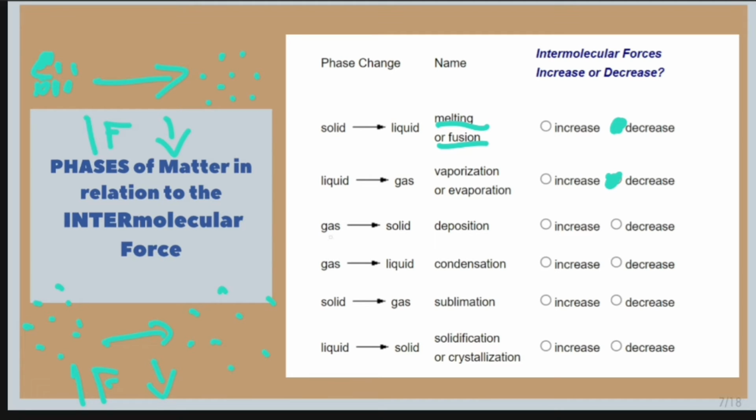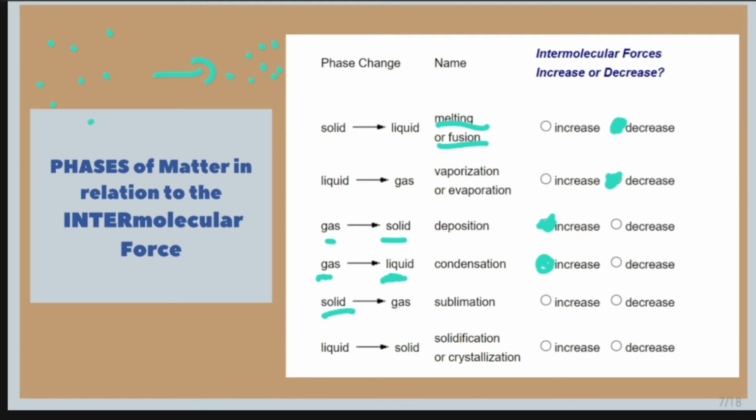From gas to solid, so from less compact to more compact solid, the intermolecular force will increase. From gas to liquid, so mas compact ang orientation ng molecule ng liquid phase natin kaysa sa gas, the intermolecular force will increase.